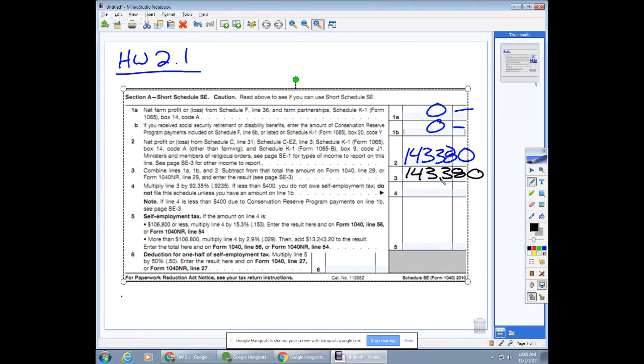Self-employment tax, deductions. I wasn't sure. Are the expenses his deductions? I think we might need that 1040 form too. So that was on our worksheet.